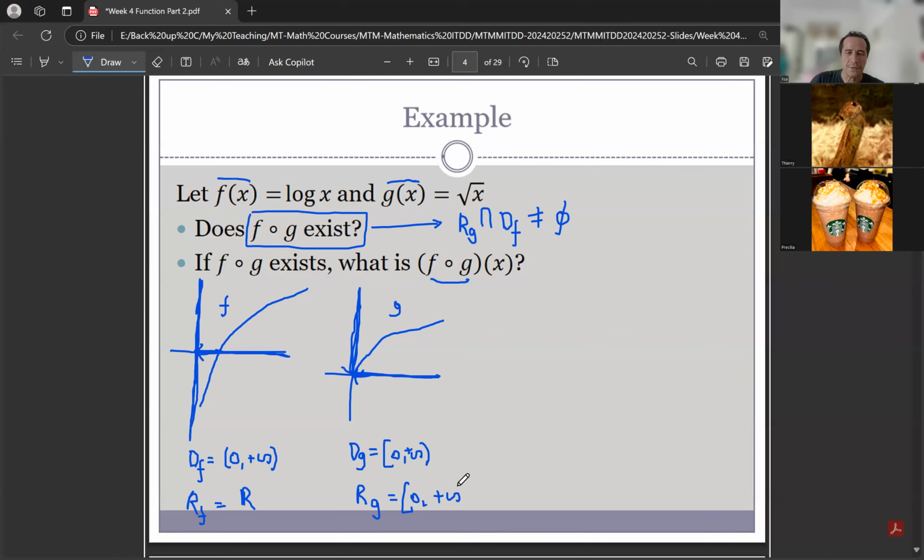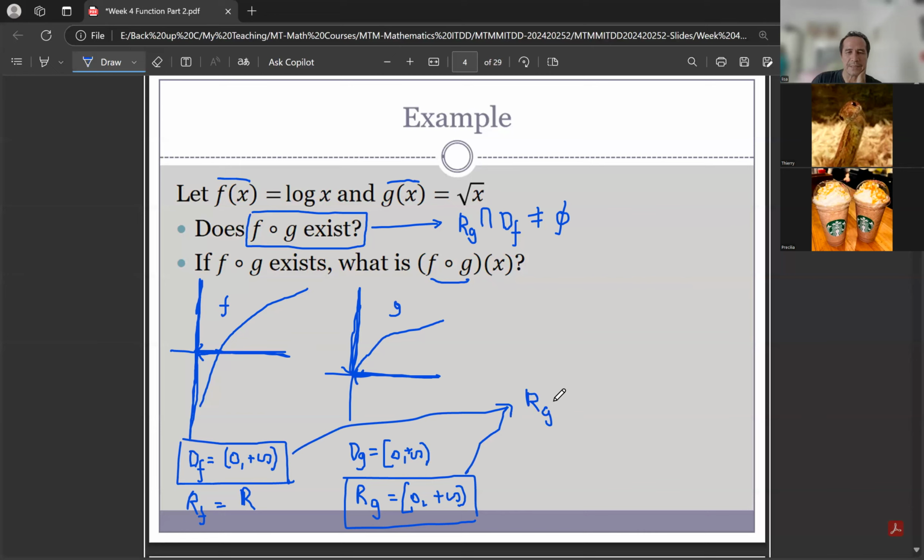And so, to answer this question, does f∘g exist? It means that we must intersect Rg and Df. This is Rg, and this is Df, and then we intersect them.